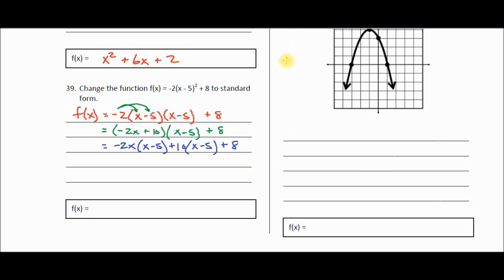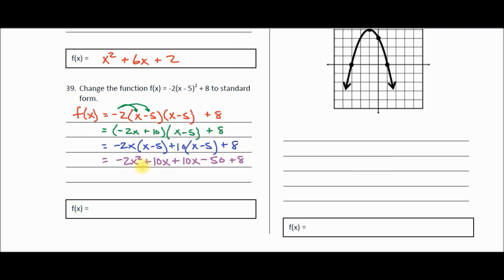Let's go ahead and distribute our monomials into our binomials. And now we have negative 2x squared. Negative 2x times negative 5 is positive 10x. 10 times x is positive 10x. And 10 times negative 5 is negative 50. And then we're going to continue to write our plus 8.